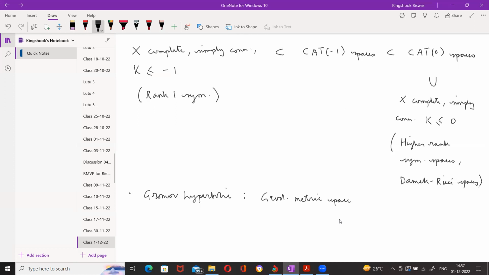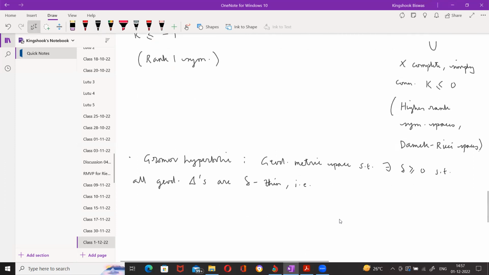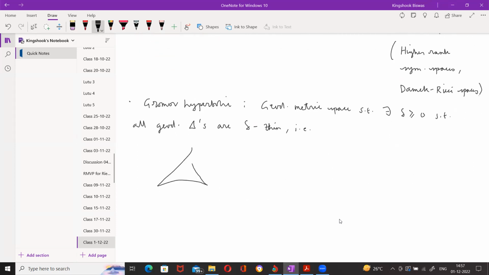It's a bit simpler there and easier to see. So, a geodesic metric space such that there exists a delta greater than or equal to 0, such that all geodesic triangles are delta thin, i.e., this means that if I take any geodesic triangle, then delta thin means that each side is contained in the union of the delta neighborhoods of the other two sides.